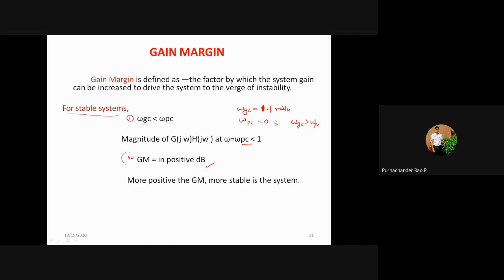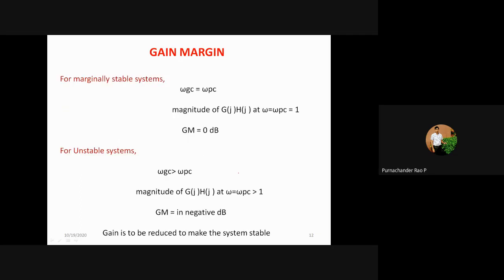Okay, and in the second case also, the gain margin must be positive. If positive, the system is stable, but for our system we are getting negative. So in both cases, you can conclude that the system is unstable. Okay, so for marginally stable systems, ωgc is equal to ωpc.